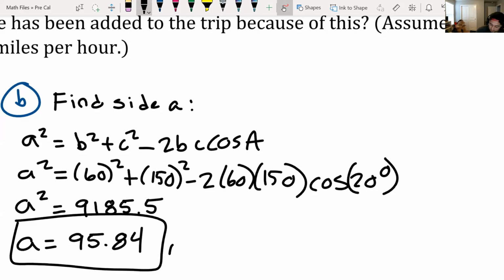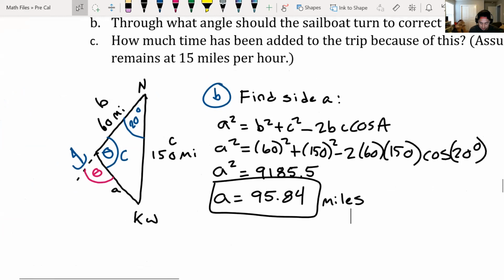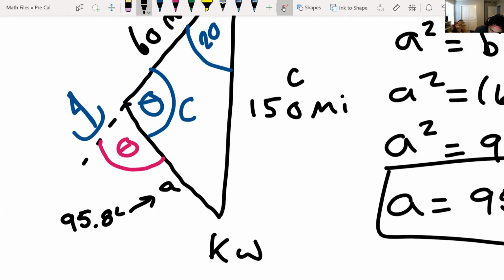And this is in miles, nautical miles. Okay, so now we know side A. So side A is 95.84 miles.